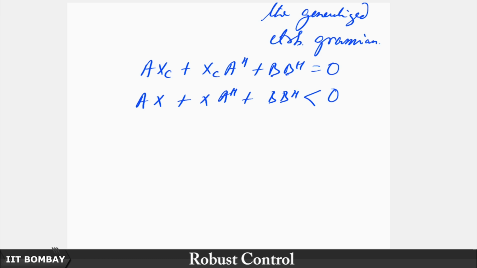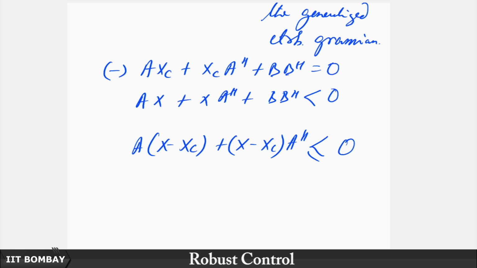Yeah. So, if we subtract the first one from the second, what do we get? We get A(x minus xc) plus (x minus xc)A Hermitian is less than or equal to 0, where notice that both x and xc are symmetric or Hermitian matrices, and this overall thing is negative definite.